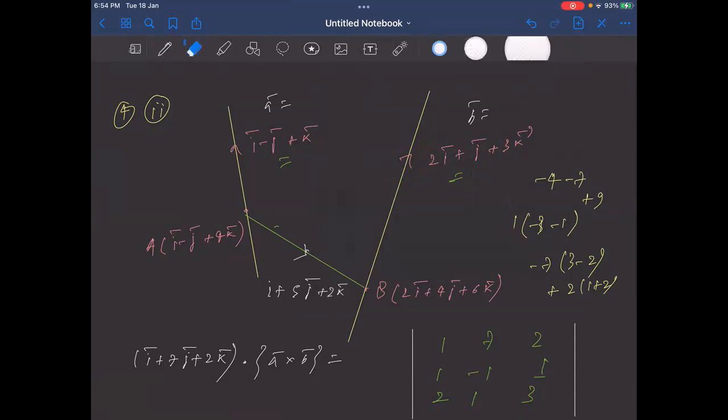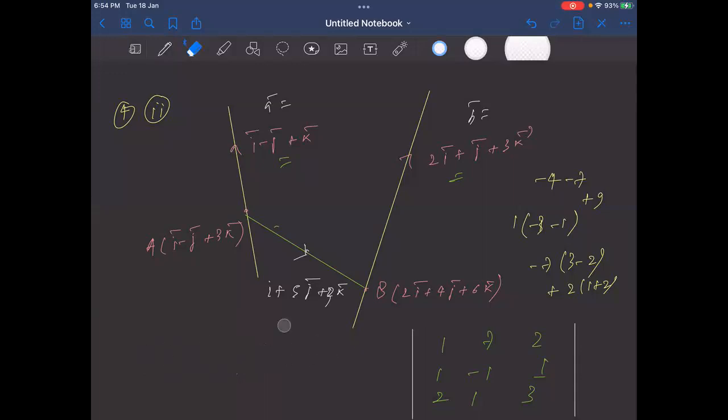So vector A is i cap minus j cap plus 3k cap; this is 3k cap. Now it's correct. So now if I take the STP.